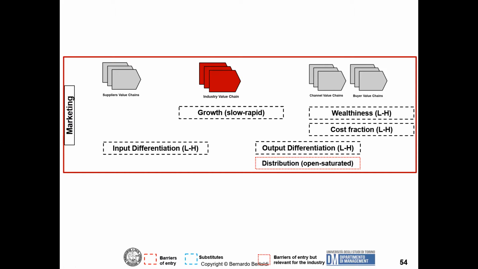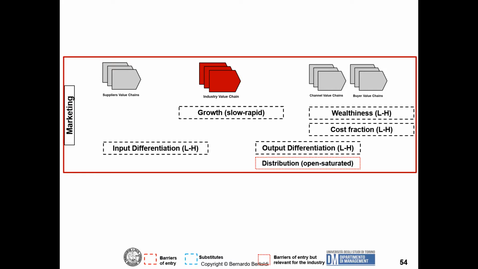And we collapsed in this chain, in this sum of value chains, as Porter explained, we collapse also relevant insights from barriers of entry and substitute components. And if you see here, there is the distribution, the way in which distribution is set up in the industry.